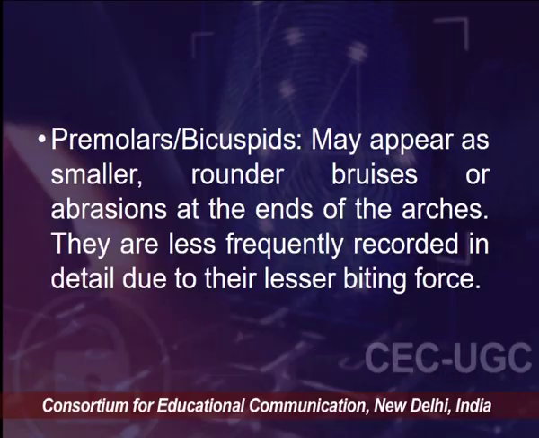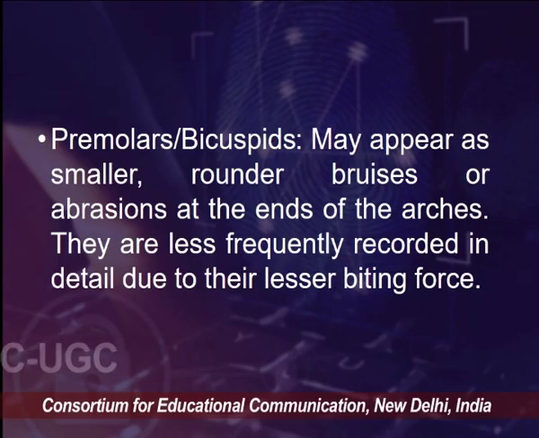As we are talking about the bite mark inflicted on the victim's body or any other place by the criminal, after the incisors and the canines, we have the premolars, which we call bicuspids. They appear as smaller, rounder bruises or abrasions at the end of the arches, and they are less frequently recorded in detail due to their lesser biting force.